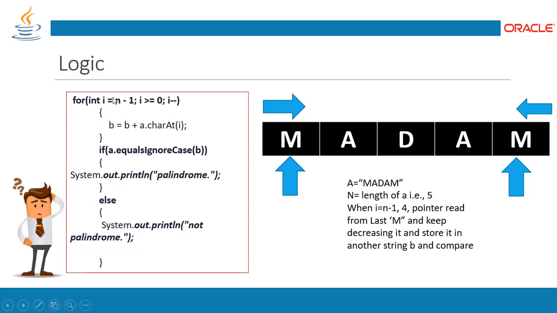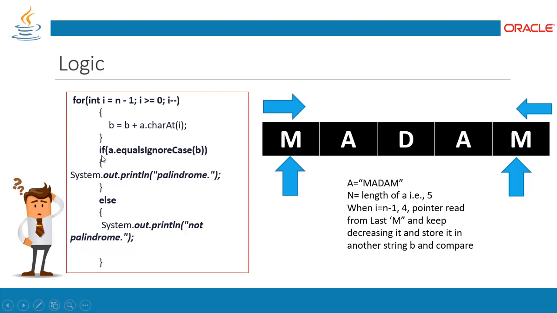Now i is equal to n minus 1, that is 5 minus 1, 4, and this will decrease as the pointer reads the last M and goes to the front M. So the position of the character pointer is decreasing, and it keeps it in a backup in another string called B. So B equals B plus A dot charAt(i). Whatever the character at that position of the string, it simply accumulates in the B string.